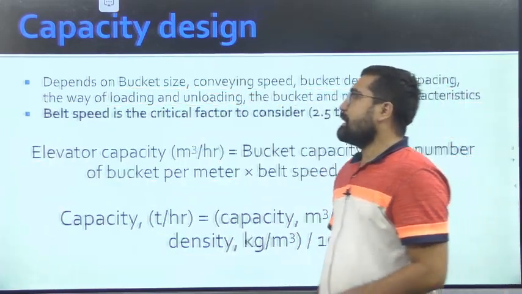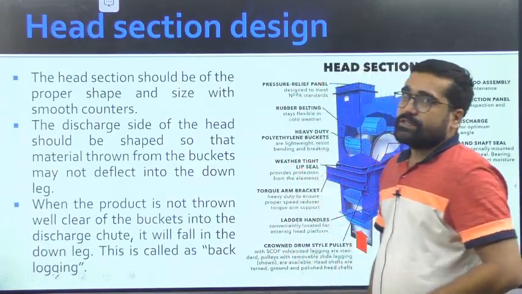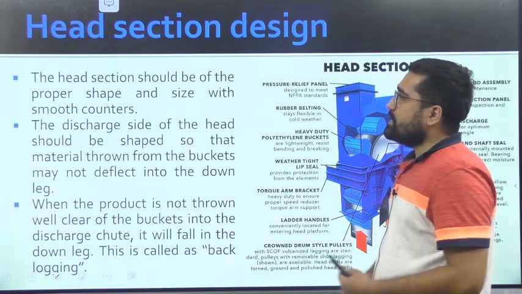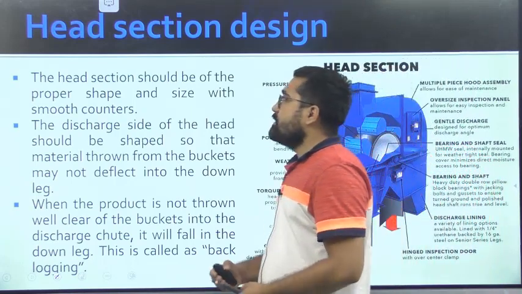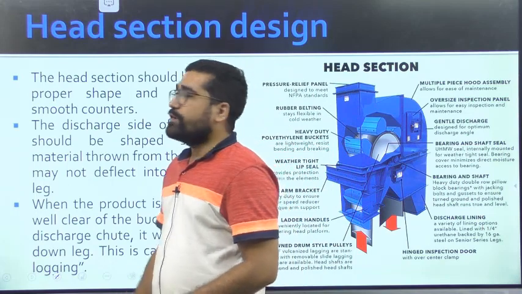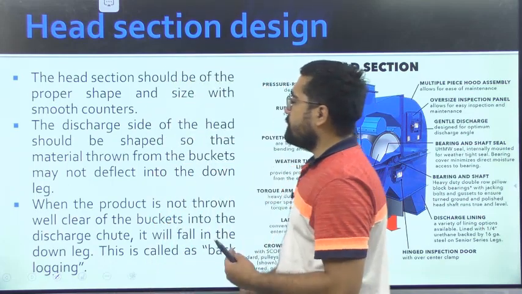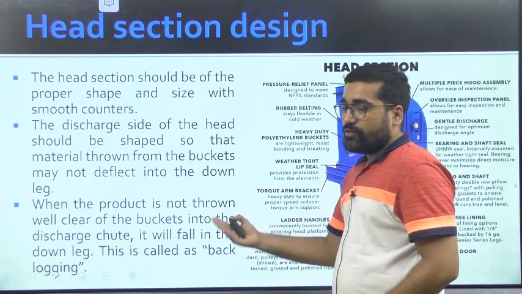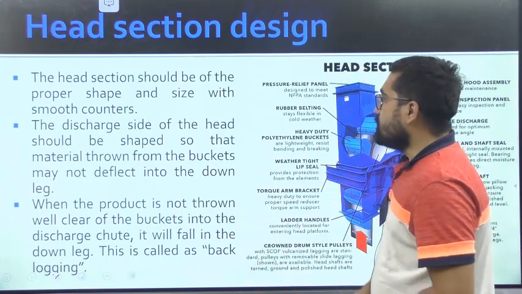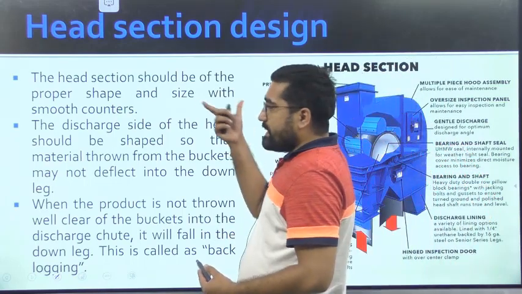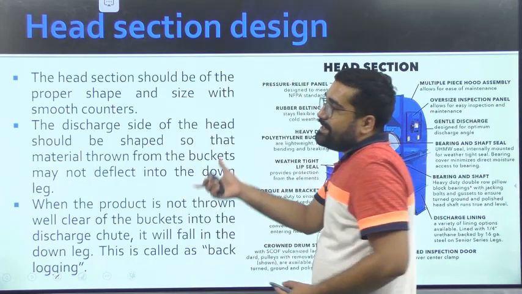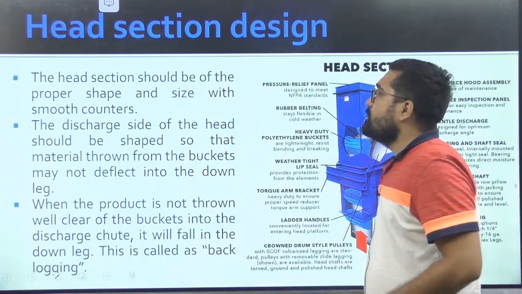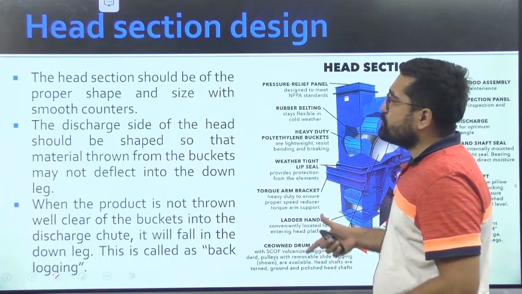Once we get the capacity, then we will decide which type of section head we are going to use, which type of boot and which type of head we are going to use. What are the things we will see before deciding which type of head section we will choose?